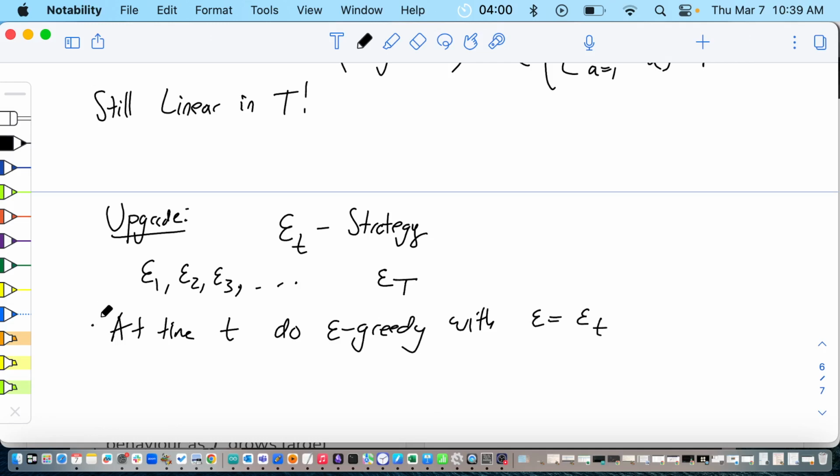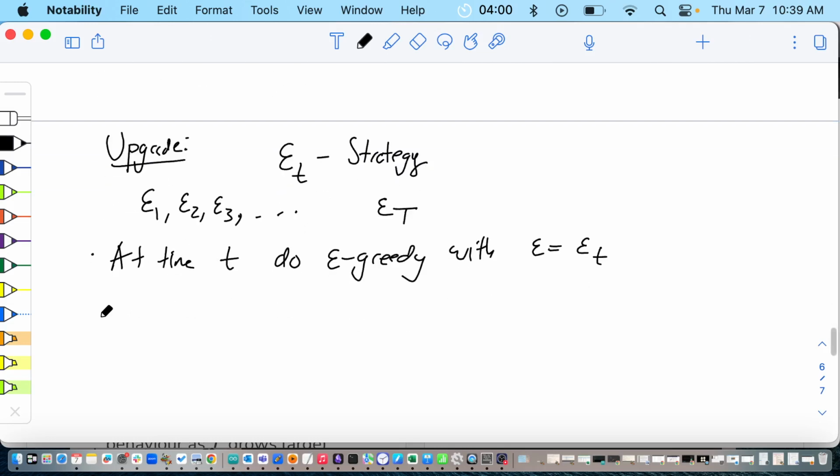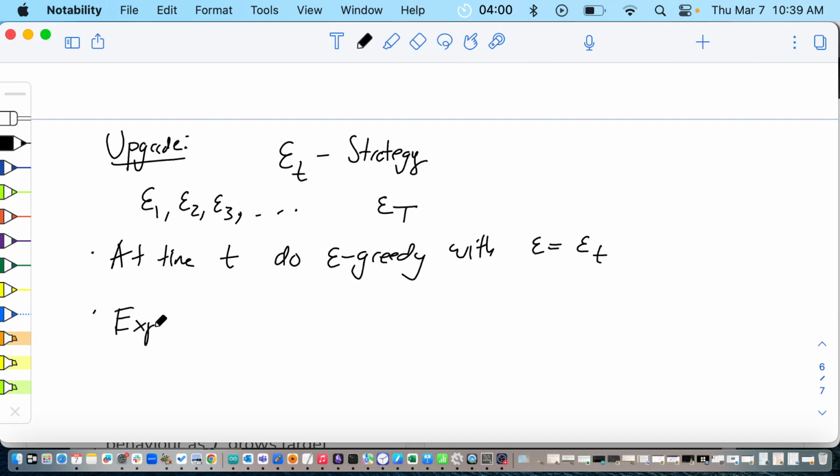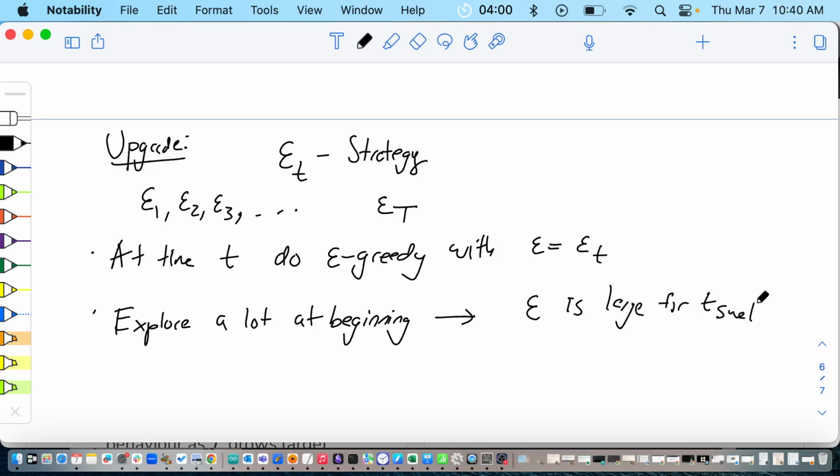And what this can do is you can balance the amount you're exploring. You can change it depending on how far into the sequence you are. So you can say at the beginning, we should explore a lot, and that will correspond to epsilon t being large for t small.